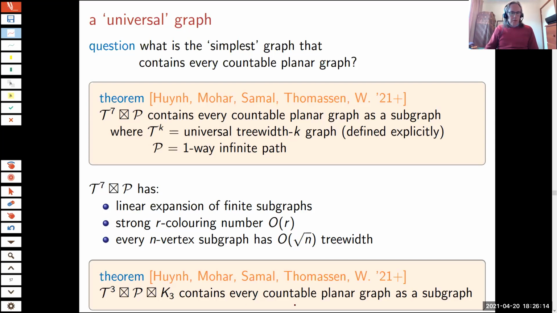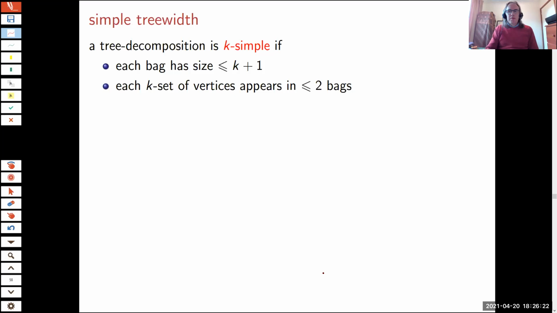And we can improve these two theorems a little bit by considering something called simple tree width. What is simple tree width? This is a notion that's in a handful of papers in the literature. So a tree decomposition, we say, is k-simple if each bag has size at most k plus 1, that's the normal definition of tree width, but with the extra property that each k-set of vertices appears in at most 2 bags.